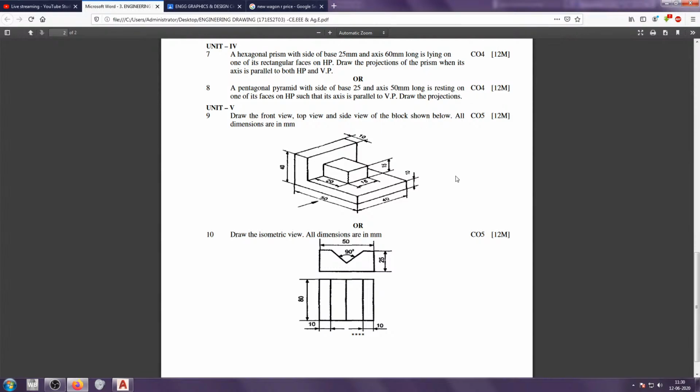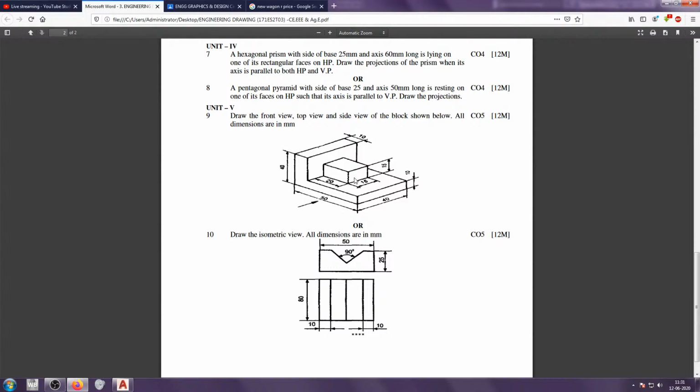So we're going to see these two in 3D as well, because I really want you guys to understand these concepts in depth, because this is one of the easiest questions. If you can solve the orthographic views of this particular isometric view, then you will get 12 marks.